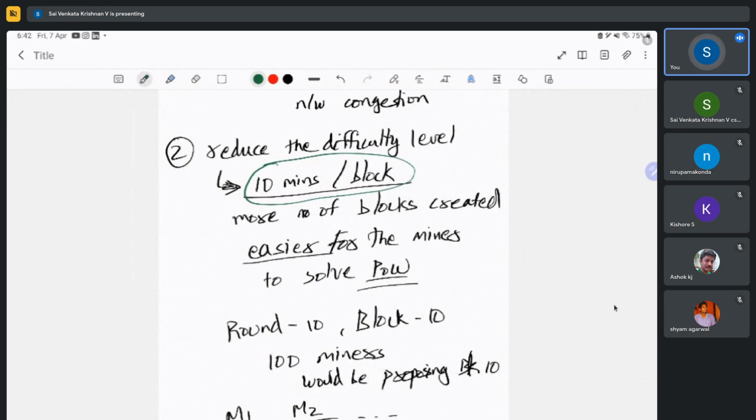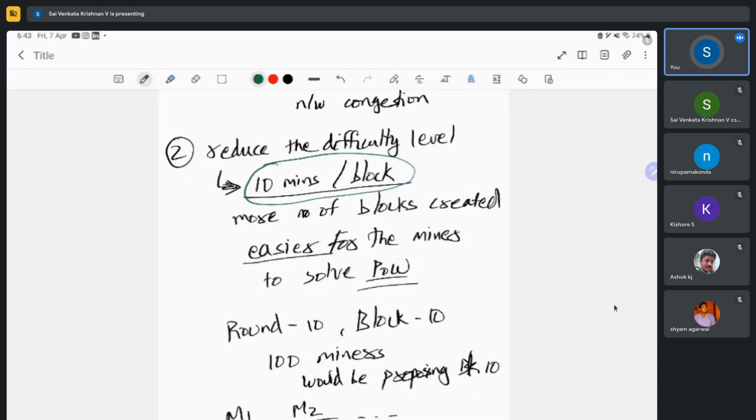Whereas if we reduce the difficulty level, the threshold for a node to become a miner is reduced drastically, and any node with a laptop or less computational resources can act as a miner. The mining space would be too congested, and with the economic investment so low, how are we sure that a miner won't behave badly?